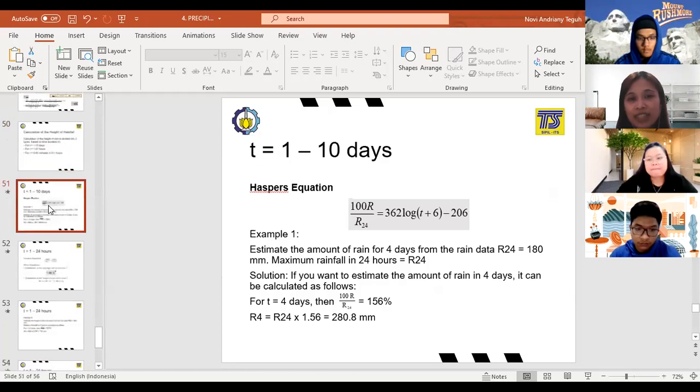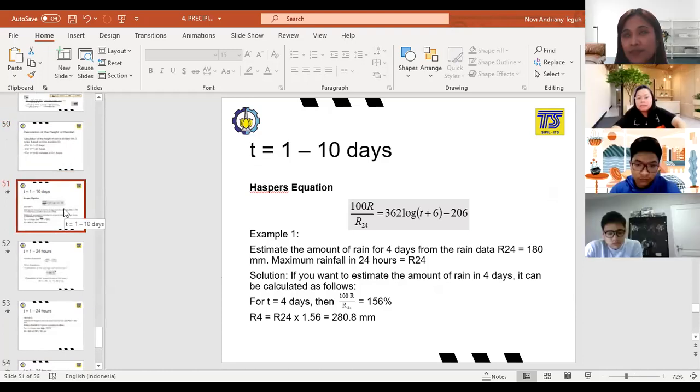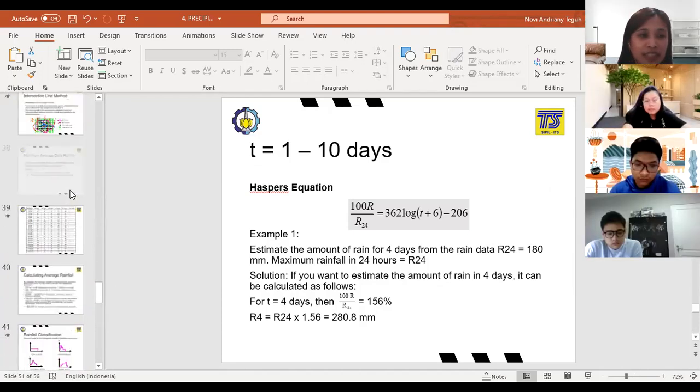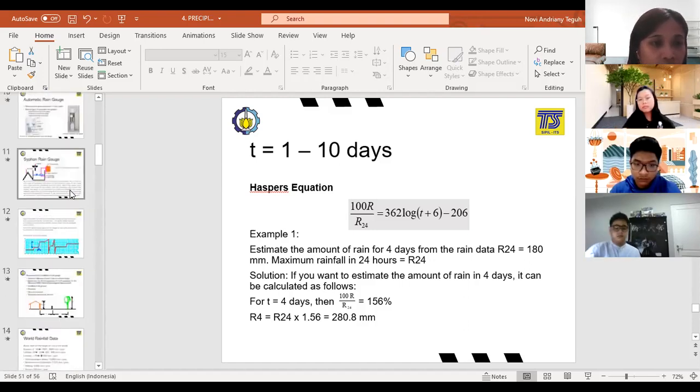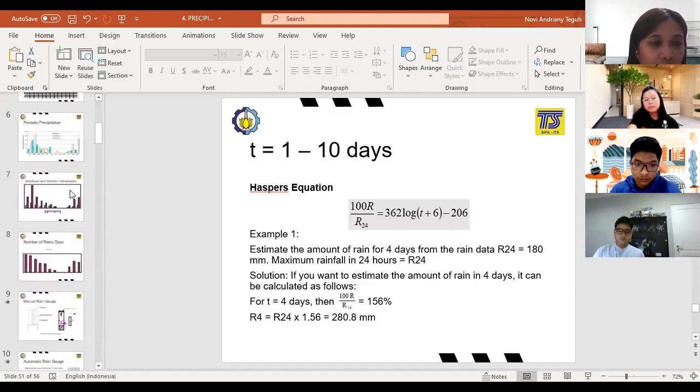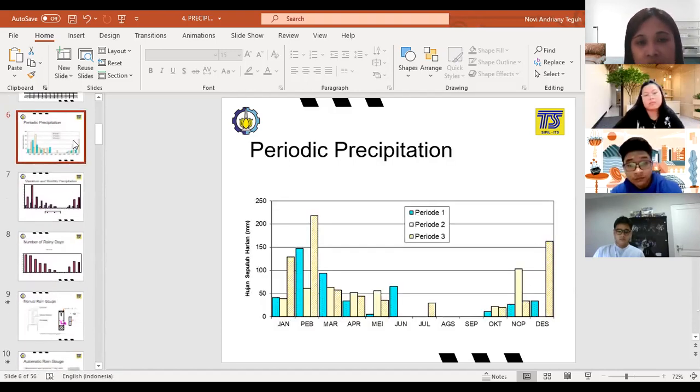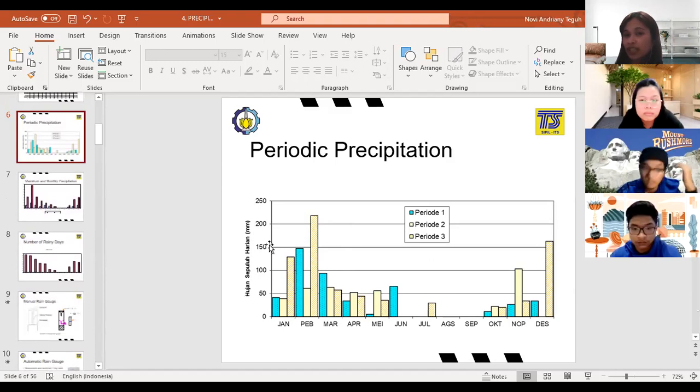It is actually related to the previous meetings. As you can see here, if you still remember from our previous meetings, there is periodic precipitation. Usually it's shown in Indonesia as hujan 10 harian.